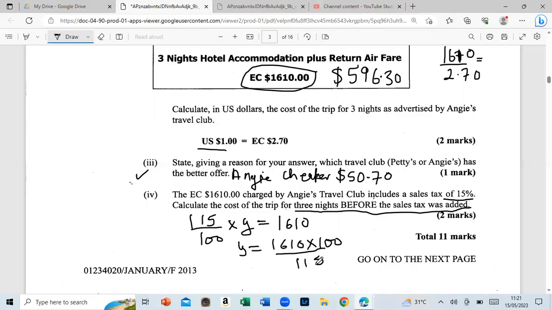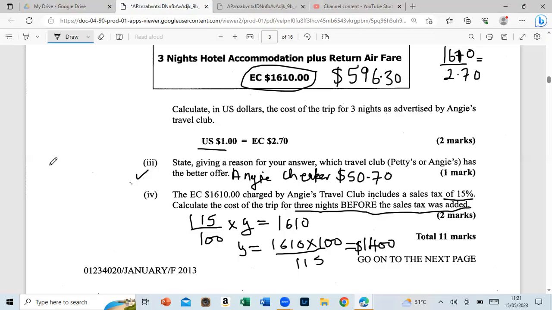Why I have to do it like this, my calculator is not so good. So I basically have to be doing it like this. And then we divide by 115, which I got 1,400. So the original amount was 1,400.